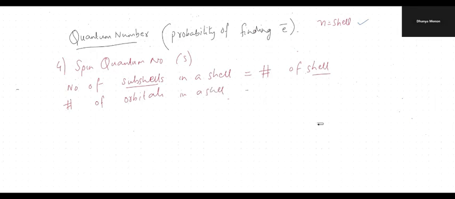We have done this. Then the number of electrons in an orbital. Each orbital will have 2 electrons. Each box will have 2 electrons, right? We saw this also. We have solved some questions. So these are some important things that you need to keep in your mind.